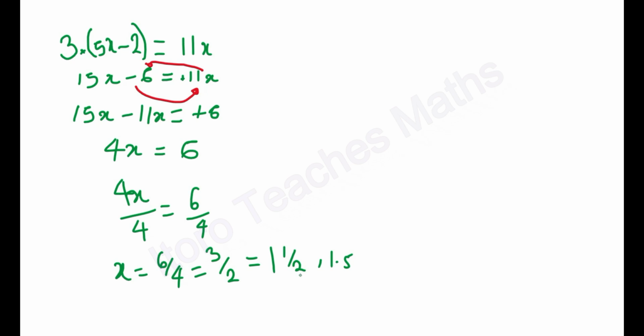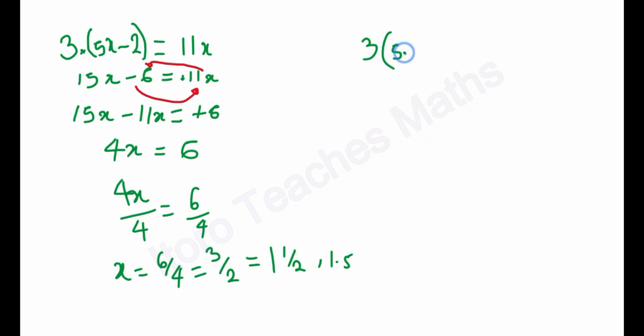Now, we should always check it back. If you're in an exam and you've got time and you just want to check that your answer is correct, what we can do is put these numbers back into the original equation and see if it works. So we can have 3 into 5x, x is 1.5, which is 3 over 2.